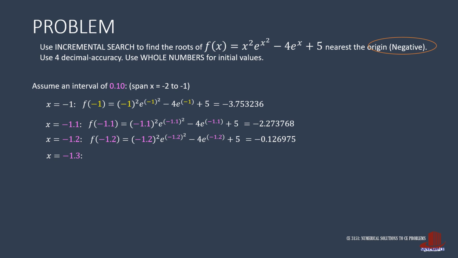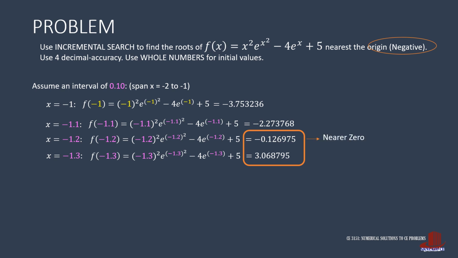By using negative 1.3, the function then is the square of negative 1.3 with e raised to negative 1.3 squared, minus 4e raised to negative 1.3, plus 5, giving positive 3.068795. This is positive, so the iteration is completed. And between the two f of x's, we use negative 1.2 as reference for the next.